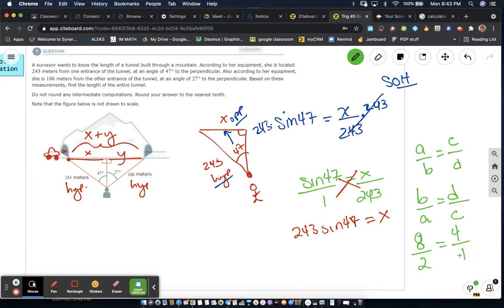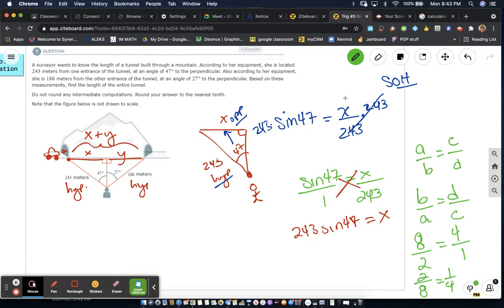That means 2 over 8 is equal to 1 over 4, and I can flip it. That would come in really handy sometimes if the variable's on the denominator and you don't feel like doing a lot of work. But that's just an aside.